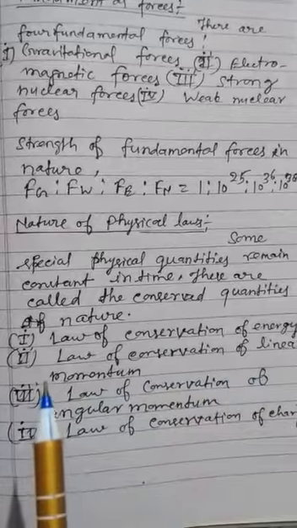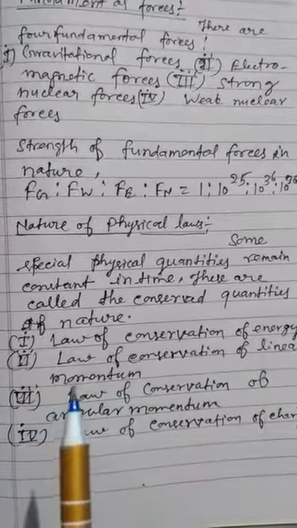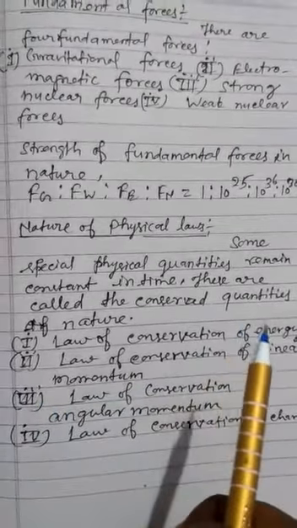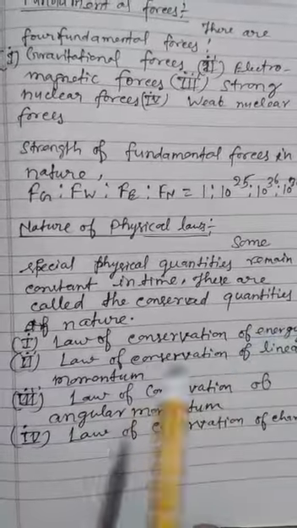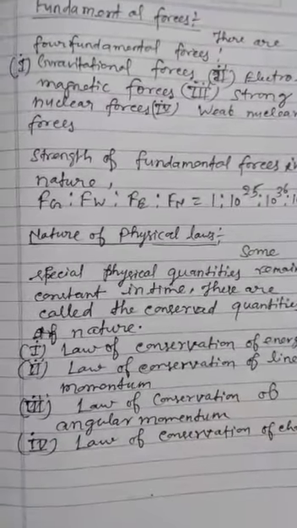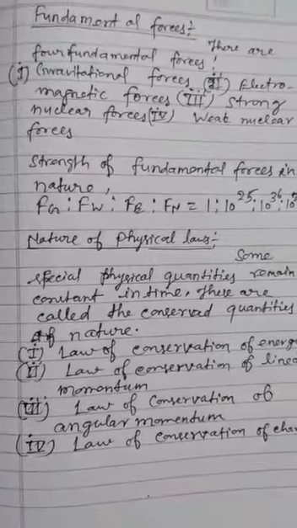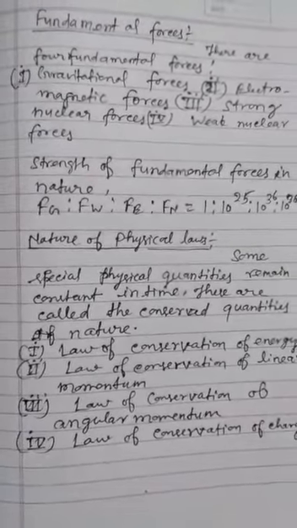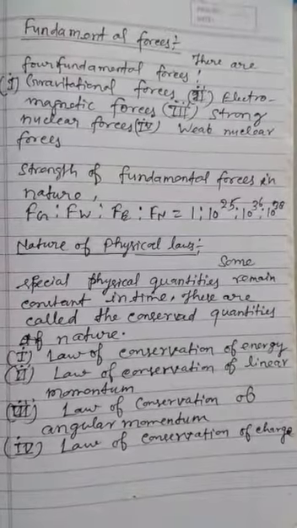According to this, momentum before collision becomes equal to the momentum after collision. And you will study in class 11th about the law of conservation of angular momentum and law of conservation of charge.